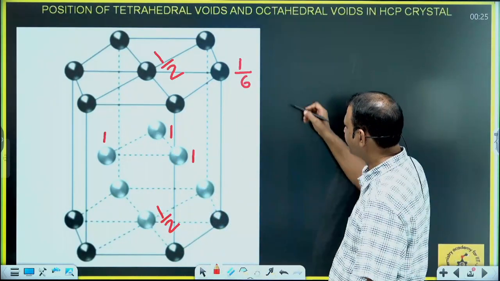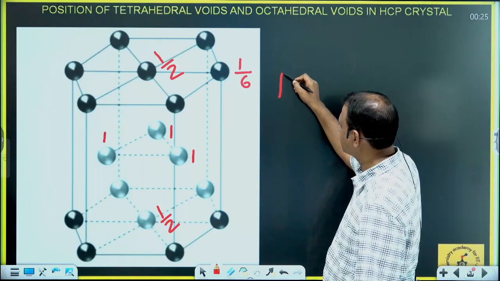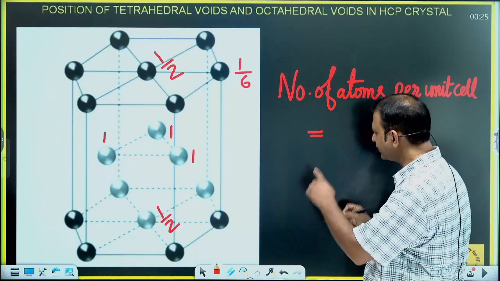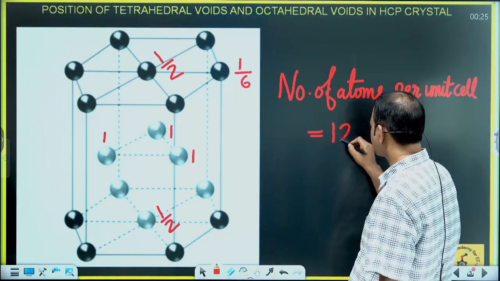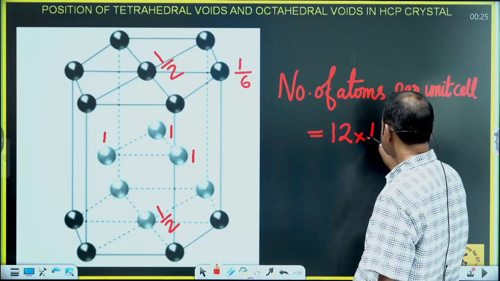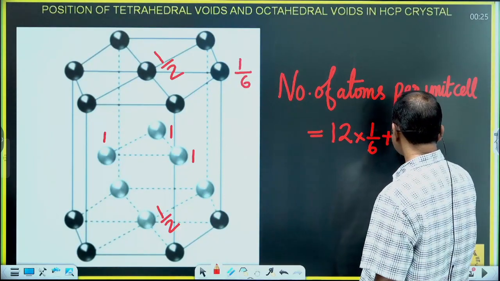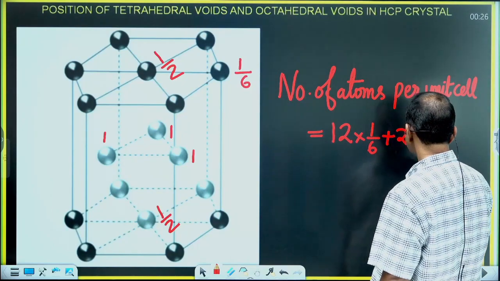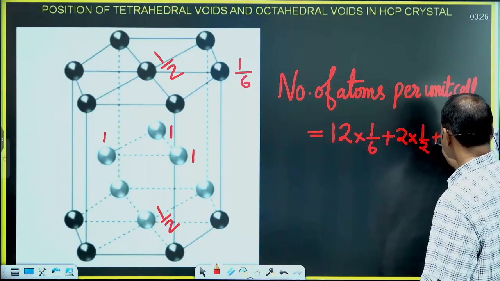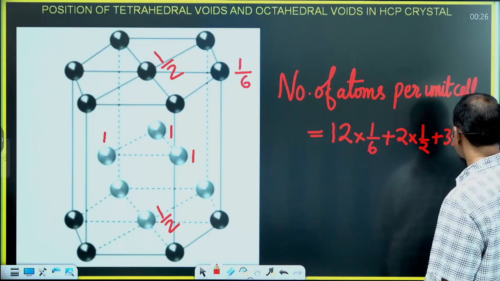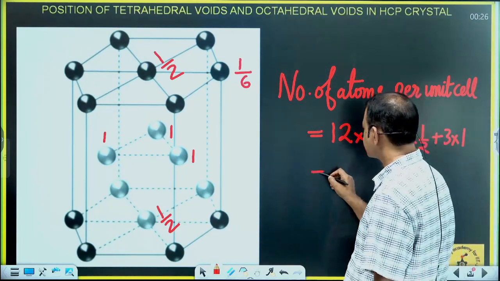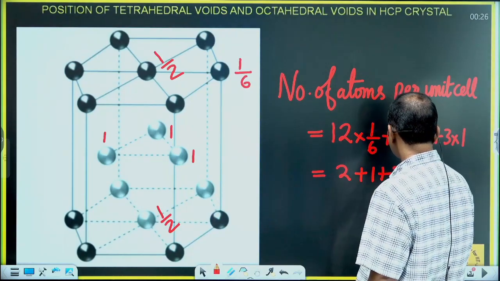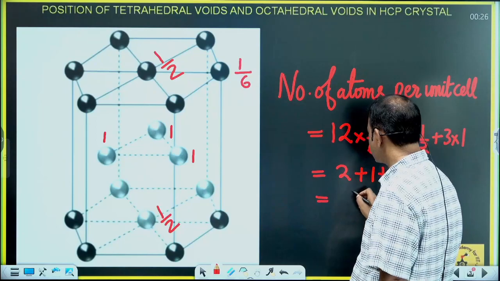So from here, if I calculate the number of atoms per unit cell, that is equal to: there are 12 atoms at corners whose contribution is 1 by 6, there are 2 atoms at the bottom and top face whose contribution is half, and there are 3 atoms in the center whose contribution is 1. So if we simplify this, this is 2 plus 1 plus 3. So the total number of atoms per unit cell is equal to 6.